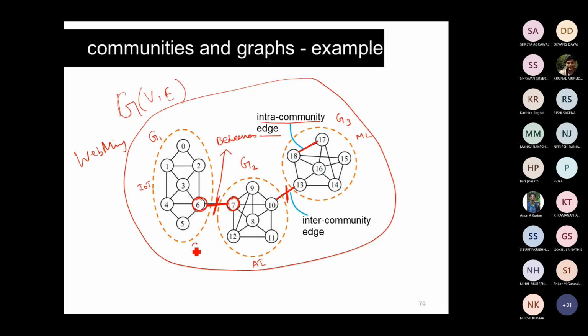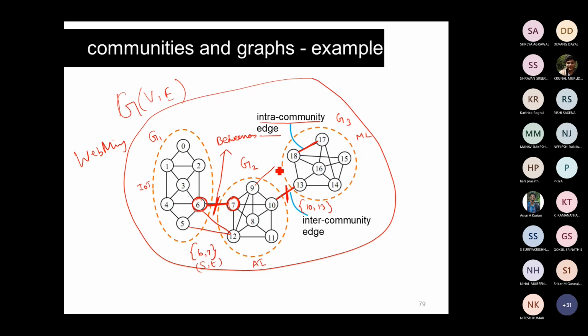So 6, 7 is going to be one set, and 10, 13 is going to be another edge set. So this is identified as S, T. It doesn't mean that only one edge should be there. I'm having another edge here, and another edge here.